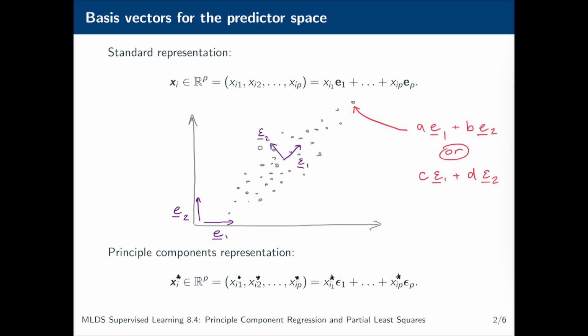In our original regression problem, we represented points in our predictor space using a p-vector, where each component of that vector gave you the number of units in that covariate dimension that you have moved from the origin.